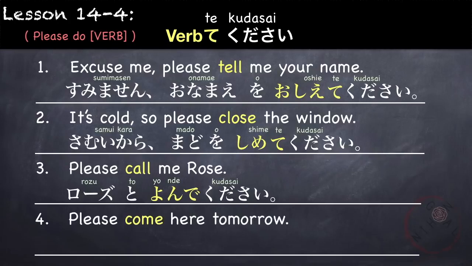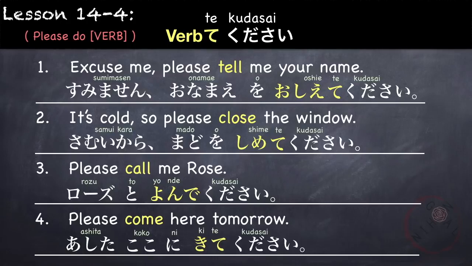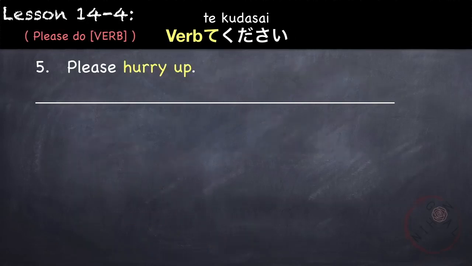Please come here tomorrow. Tomorrow, ashita. Here, koko, ni. Come, kite, kudasai. Ashita koko ni kite kudasai. Please hurry up. Hurry up is isogimasu.